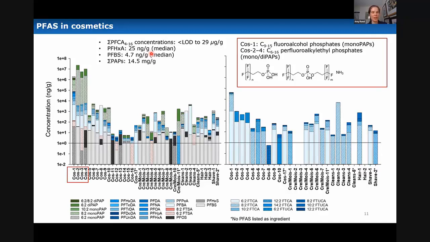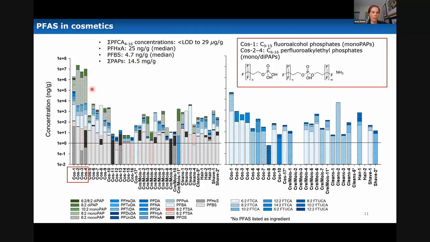In comparison, the highest PFSA concentration was about 5 times lower, corresponding to the C4 PFSA. But really dominating the levels of our targeted analysis were the concentrations of PAPs, with levels as high as 14.5 milligram per gram.